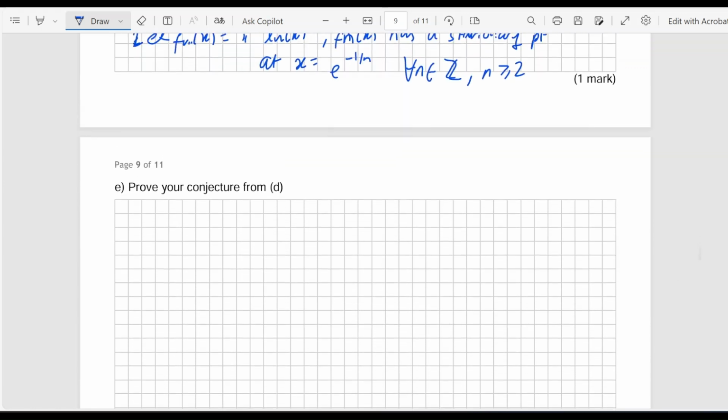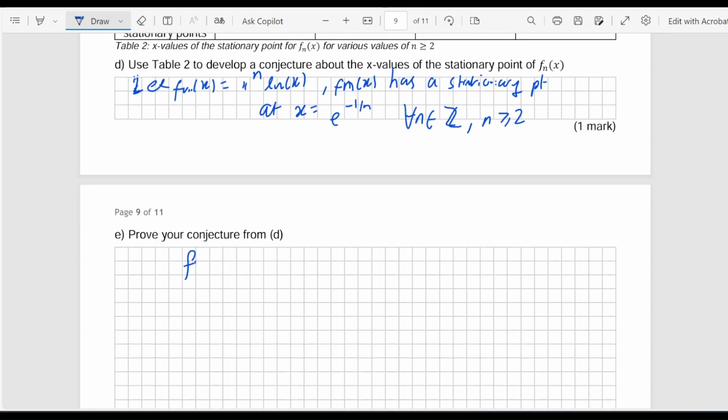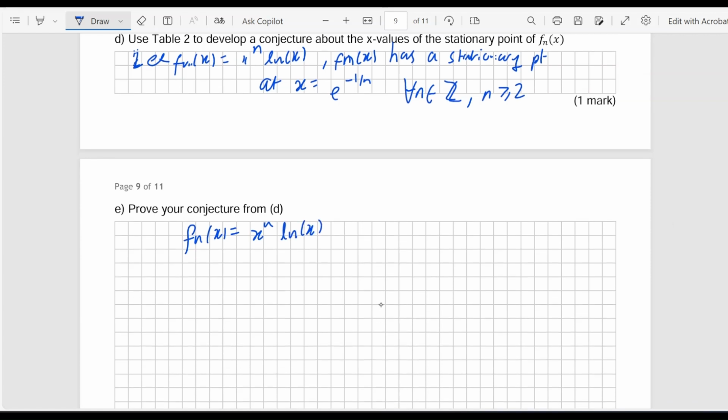Okay, preview conjecture. So fn of x is going to be x to the n log of x. We have to differentiate it again. So stationary point happens at 0 is f dash of x, and we get f dash of x using the product rule. Since it's a proof, it's sort of like a show that question. We have to explain what you're working out is.